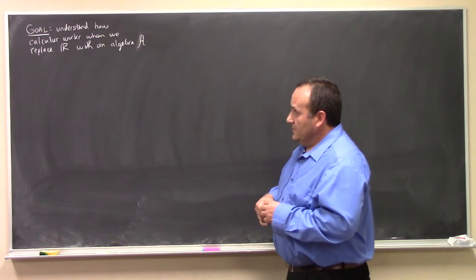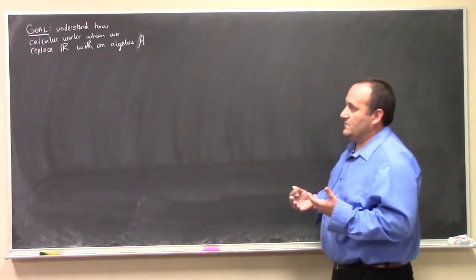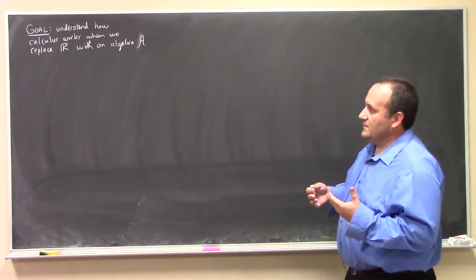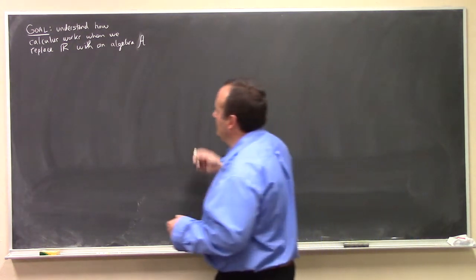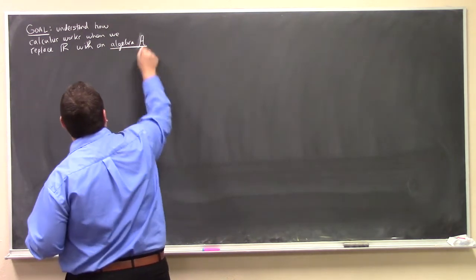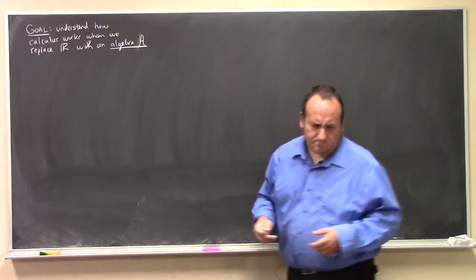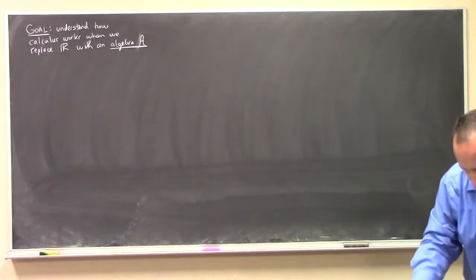So in order to appreciate this research, of course, the first thing we need to do is come to terms with what I mean by algebra. So what is an algebra? What kind of algebras am I talking about?